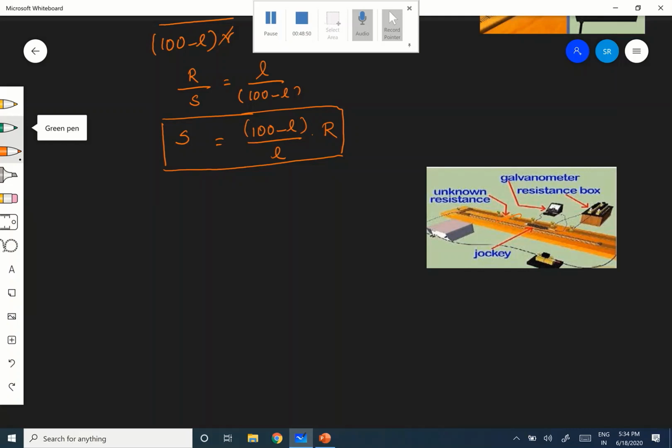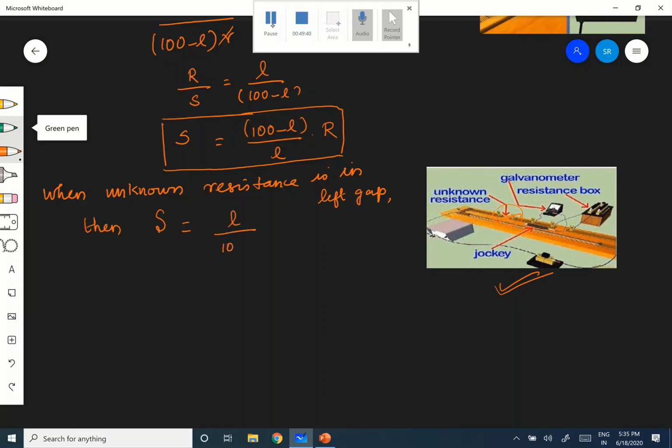Do the same experiment, and when you get the balancing condition, that is null deflection in the galvanometer, find L and 100 minus L. The final expression when the unknown resistance is in the left gap is S equal to L by (100 minus L) into R. So which gap the unknown resistance is in matters.